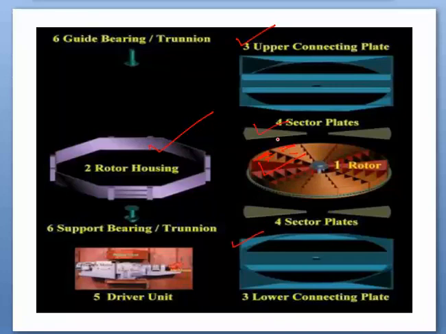The fourth one is the sector plates, which are kept like this. Details we will see. So these are the sector plates, upper and lower. Then fifth is the driving unit, and sixth is the guide bearing trunnion and support bearing trunnion. So these are basically the major components of the air preheater.